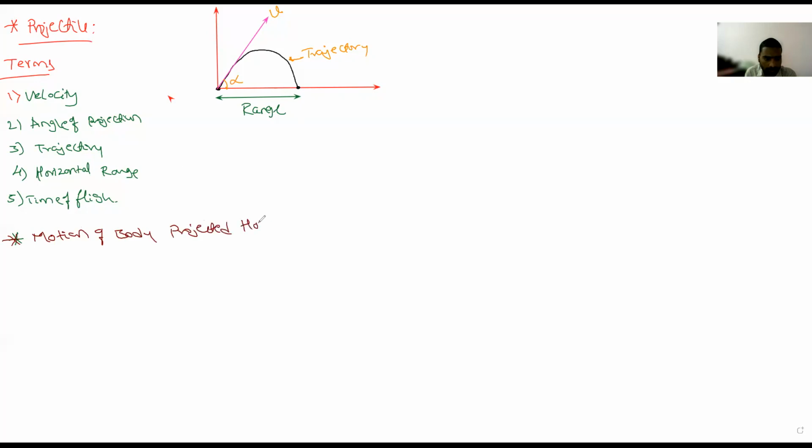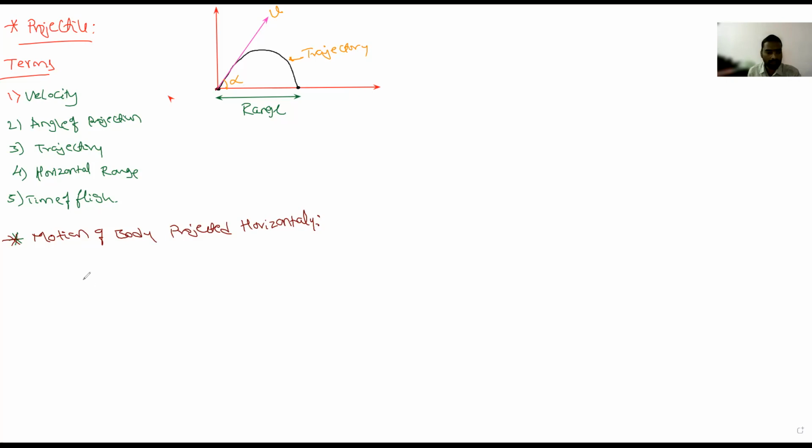Have you written this point? Horizontally means you are not starting from the ground.